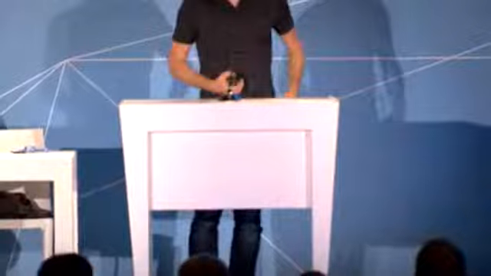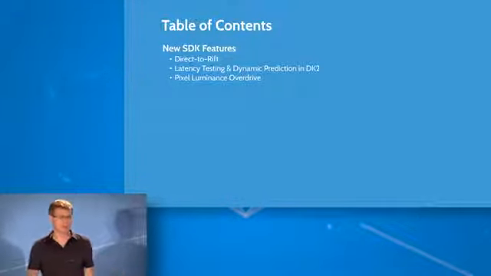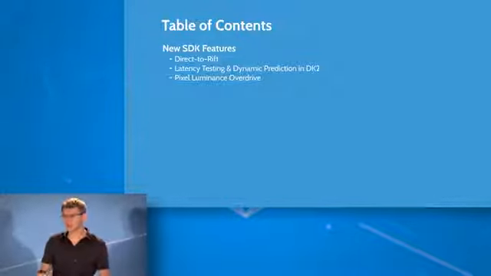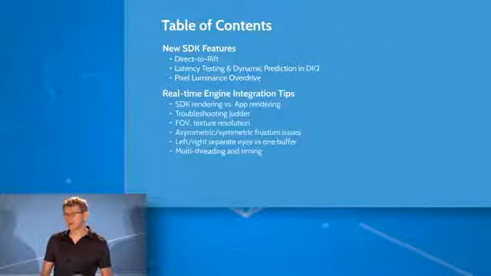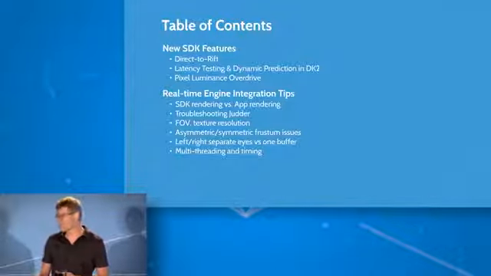So some of the first things we'll cover include touching on the new SDK features we recently shipped related to DK2, things such as direct-to-rift, driver modes, latency testing, pixel luminance, and so on. And then we'll talk about various techniques and approaches of how to make things more efficient.